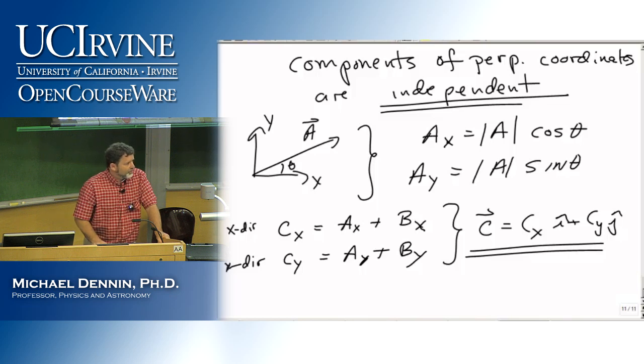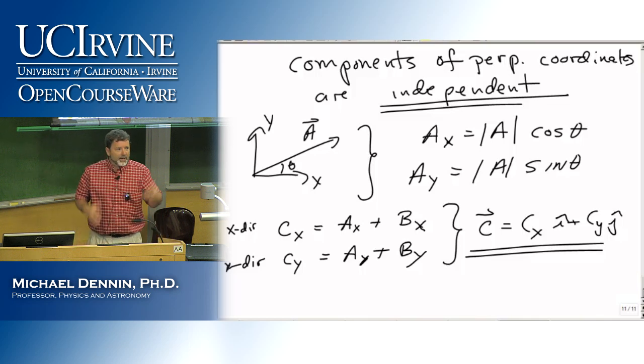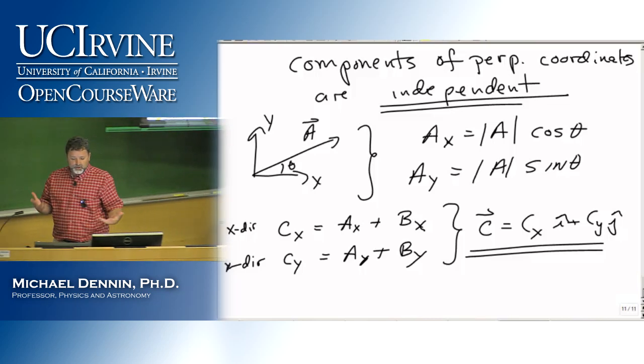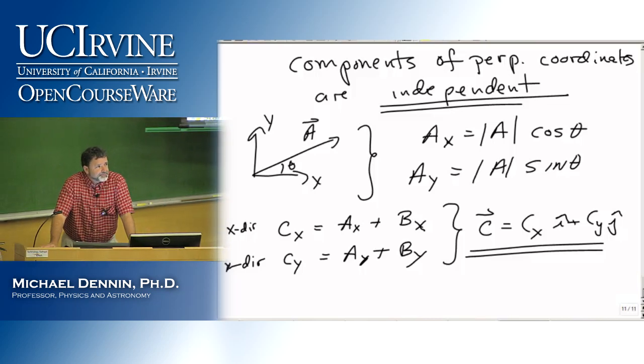Do you always want to just use components, where you have to really keep careful track of minus signs and do other stuff? Or do you want to draw the picture and just use the trig straight from the picture, where you have to be really careful to draw the picture right and use your trig? So there are pluses and minuses of both, and depending on whether you're more graphical and geometric or more algebraic, you'll like one more than the other. Any questions?